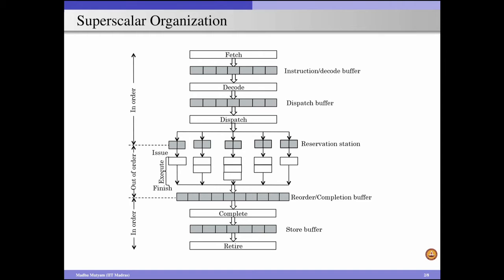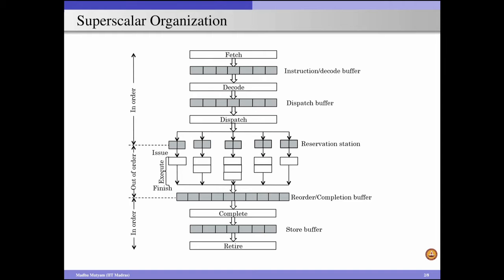After decoding the instruction, we know the type of instruction we are going to execute, and based on the type, we dispatch this decoded instruction to the respective reservation station. In this particular design, we are considering separate reservation stations for each of the functional units, but there are designs where they consider a single reservation station for all the functional units. We are going to discuss that in the next file.